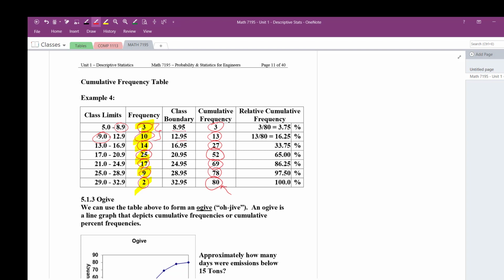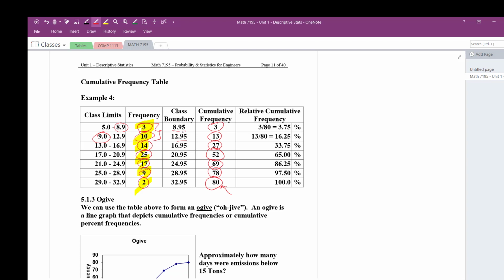That way we eliminate the whole problem of, is this a less than or equal to situation? We can always simply say it's less than, because we'll never be equal to 8.95 because our data was all rounded to 1 decimal place. So it's just a way to make sure you never double count a value.